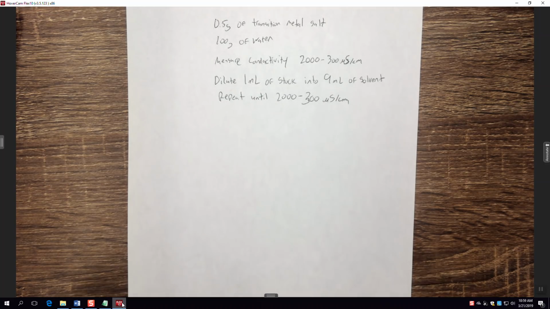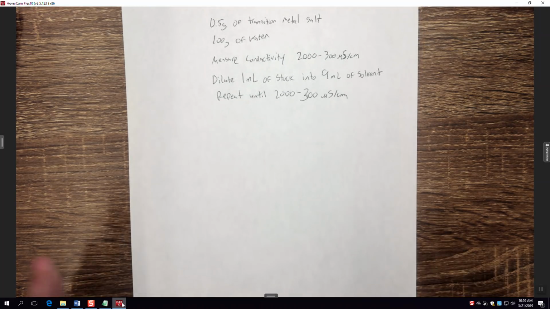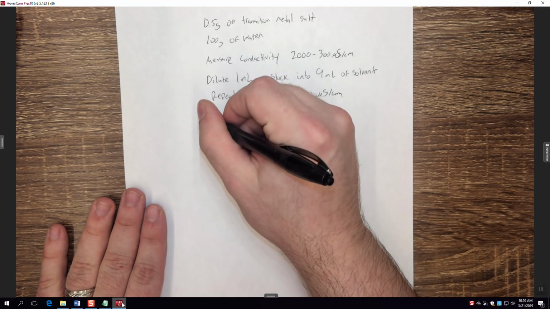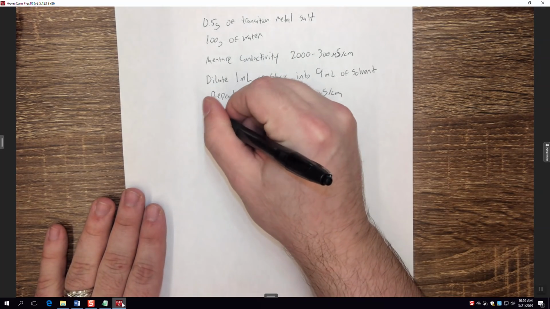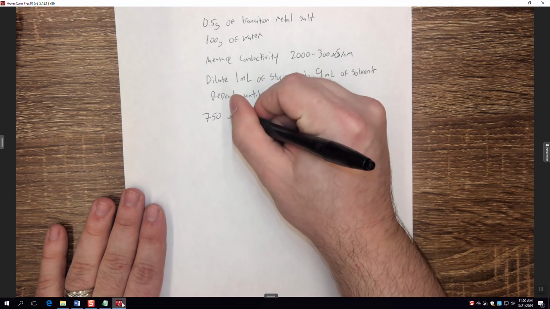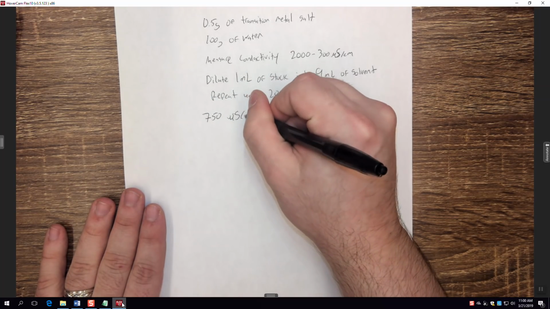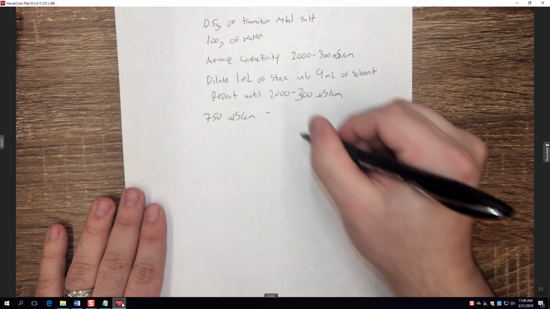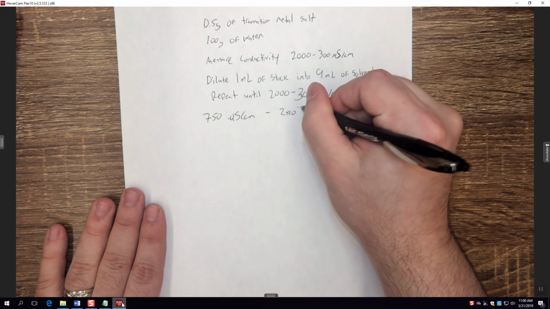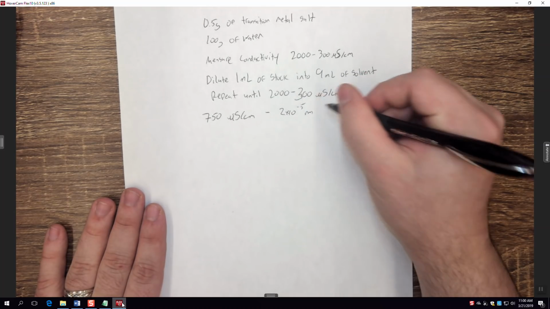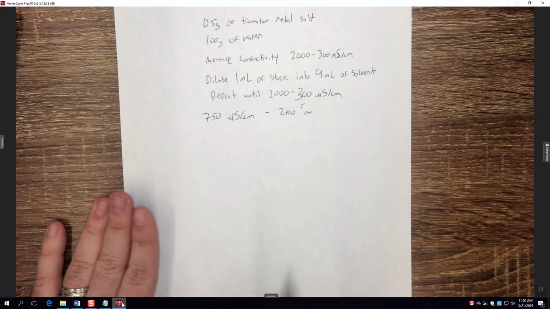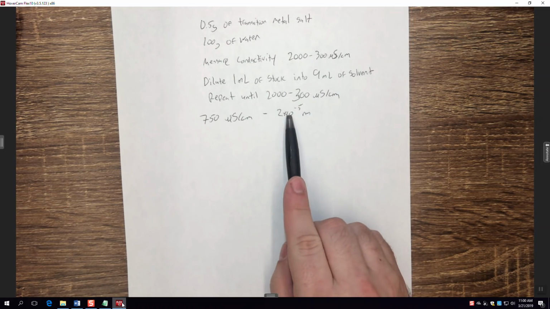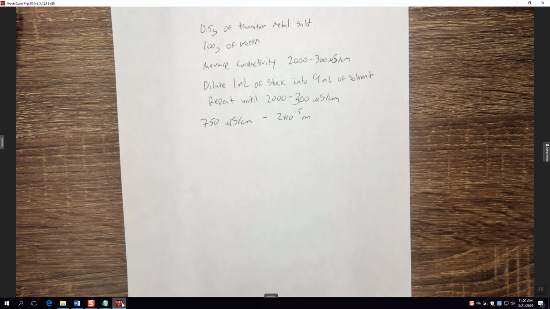Let's say, and I'm going to make up some numbers here, that we measure a conductivity of 750 microsiemens per centimeter, and we find that that concentration is 2 times 10 to the minus 5 molal. Now we can use this to calculate what concentration will have a conductivity of 2,000 microsiemens per centimeter.